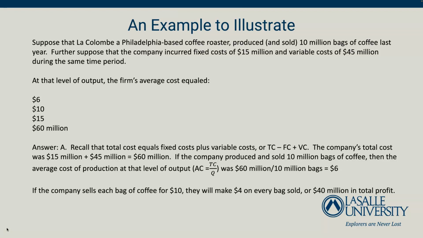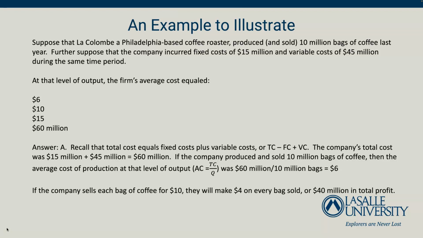Recall the total cost is the sum of fixed costs plus variable costs. If fixed costs were 15 and variable costs were 45, the total cost of production for that 10 million bags of coffee was $60 million. And so if we take that level of output and that total cost incurred, then the average cost, or cost per unit, at that level of output was $6.